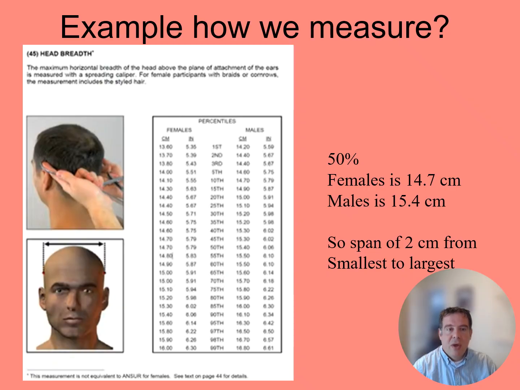It's going to be that bell curve, remember. If we go from the second percentile all the way to the 90th percentile, we really see a span of about 2 centimeters. We can use this as our general guidelines when we're designing clothes, when we're sculpting, all of these things.